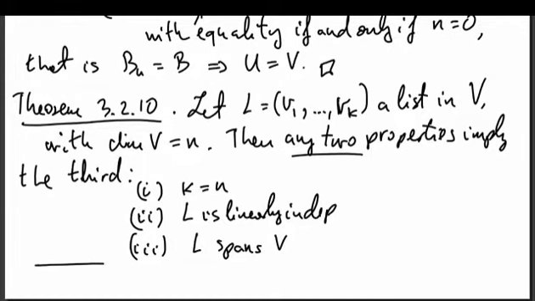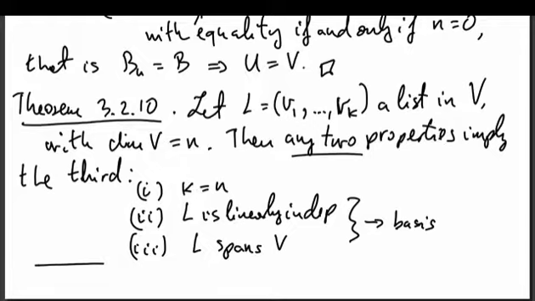The second and the third imply that this is a basis. And then the number of basis elements is unique, and that's the dimension of V, so that's why k equals n.